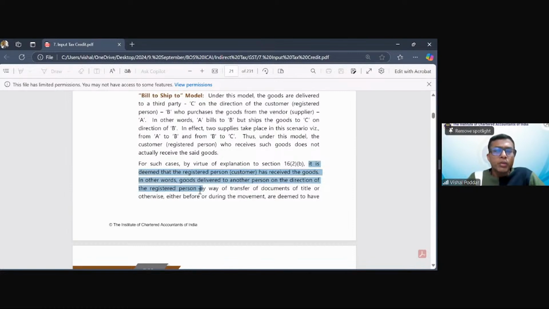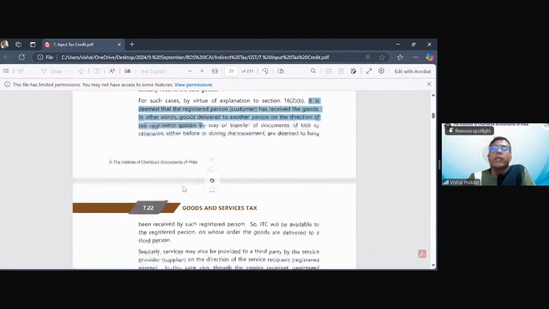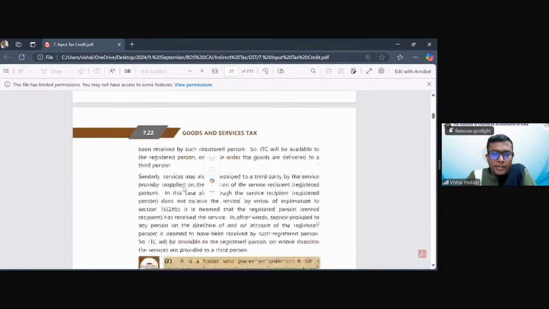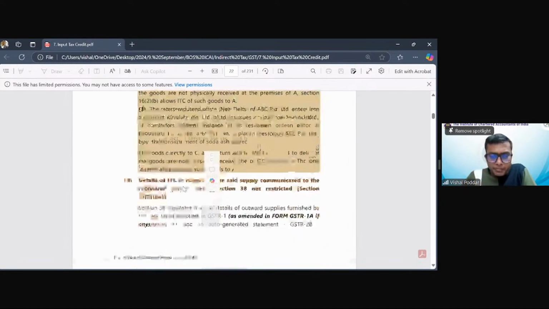So if I deliver the goods to Mitali on Hemant's instruction, then once the goods reach Mitali, it will be deemed that Hemant has received the goods and Hemant would be deemed to have satisfied this condition. So whenever it is a bill to ship to model, physical receipt by you is not possible. So it has been excluded. Still, you are eligible to the ITC. I hope this is clear.